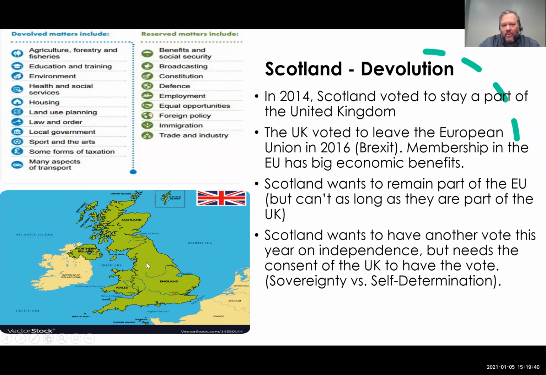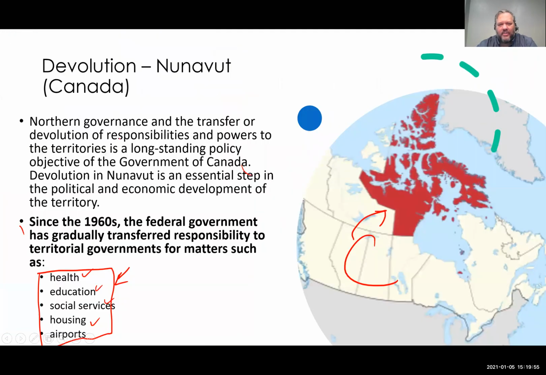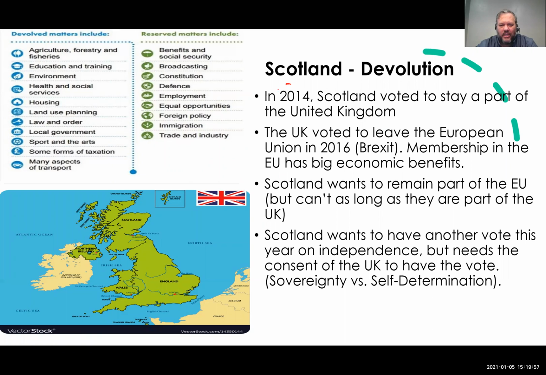All right, so those 4 places make up the United Kingdom. And so Scotland has been on a drive lately to try to get their independence. In 2014, they were allowed to vote whether they wanted to stay part of the United Kingdom or not. And it came back and they said, yes, we want to stay.